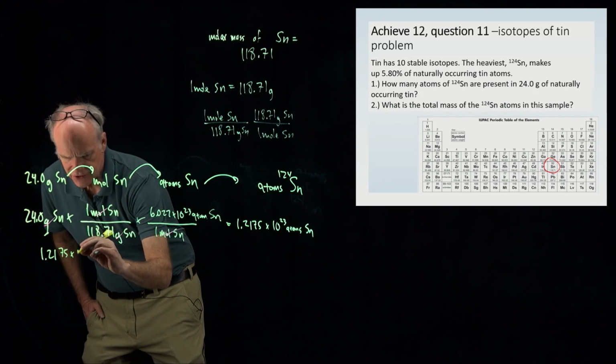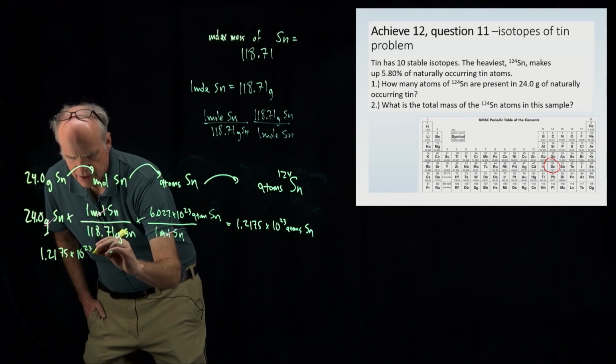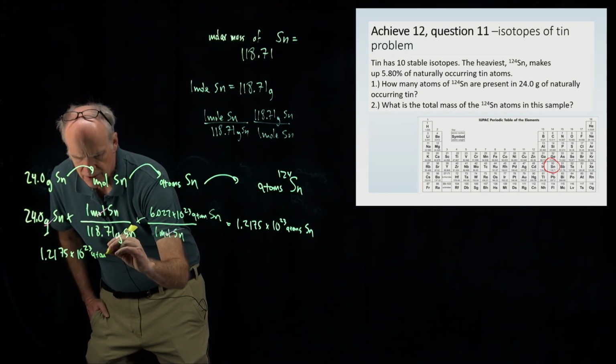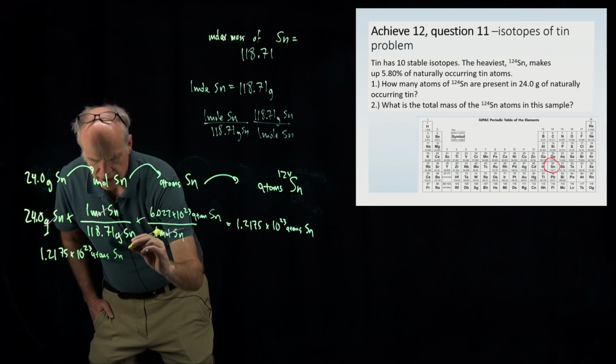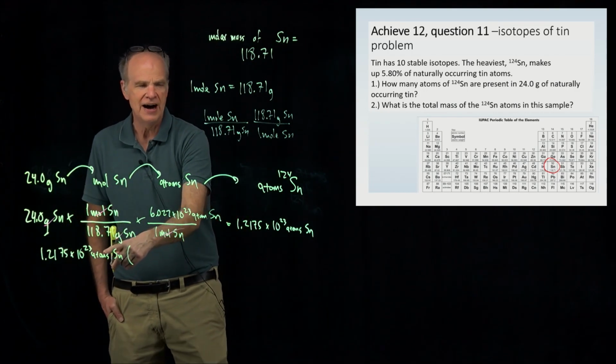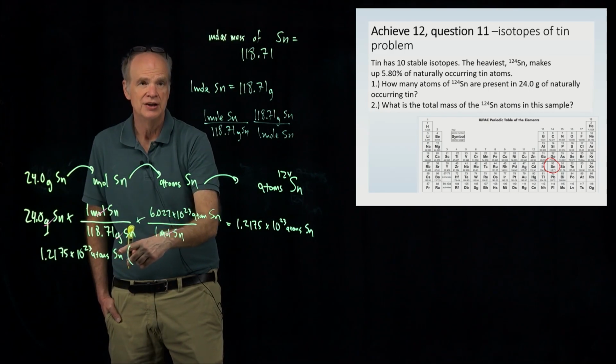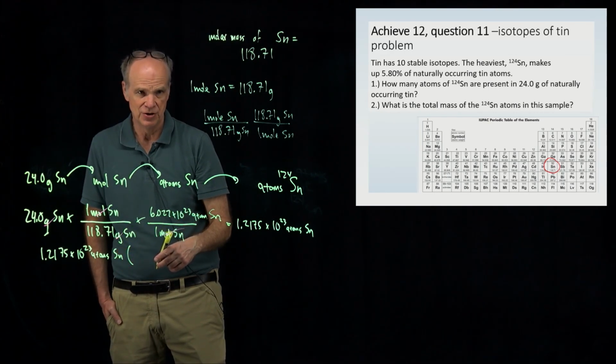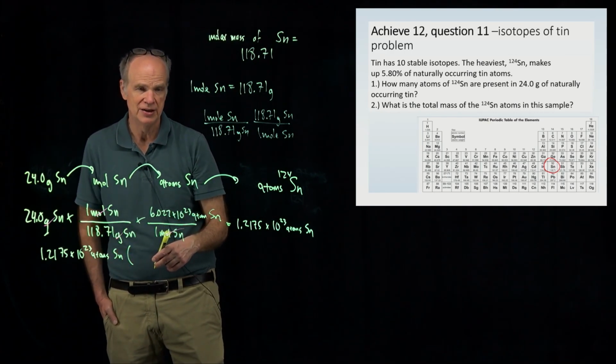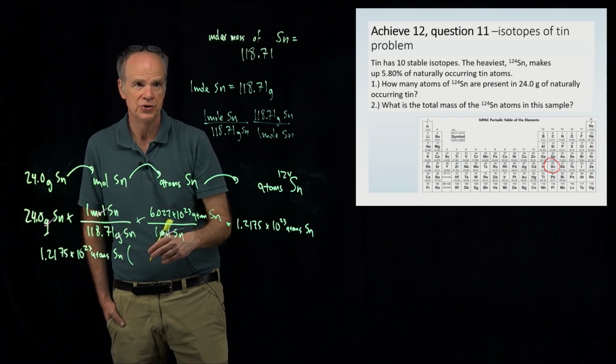1.2175 times 10 to the 23 atoms of tin, and then if you want 5.8% of this, you have to multiply by the decimal equivalent of 5.8%, and that's going to be 0.058.